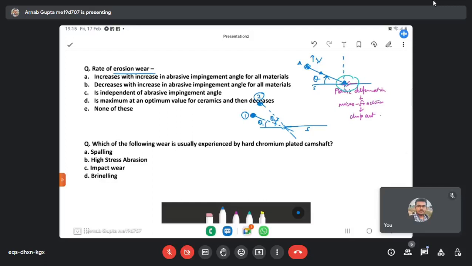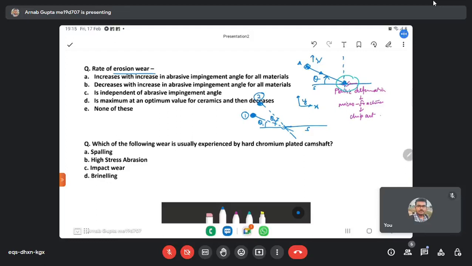So if the angle is increasing, you are seeing that the rate of decrease in y component of velocity is higher compared to rate of decrease in x component of velocity. And because of that, what happens? The force that is delivered is nothing but the change in momentum.